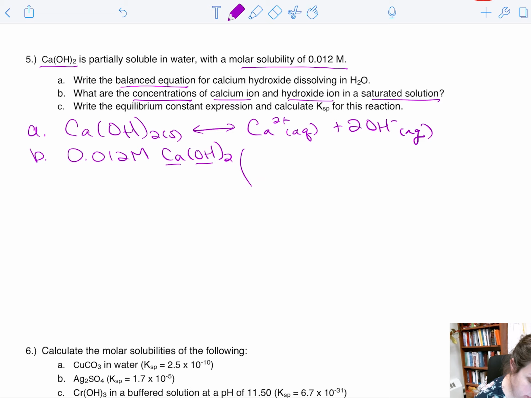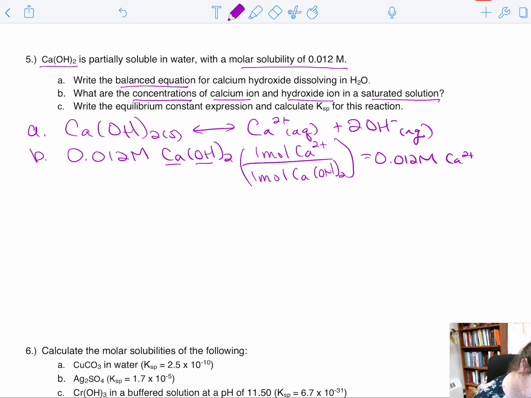So 1 mole of calcium hydroxide yields 1 mole of calcium ions. So our concentration of calcium ions in a saturated solution is 0.012 molar. Do the same thing for our hydroxide.